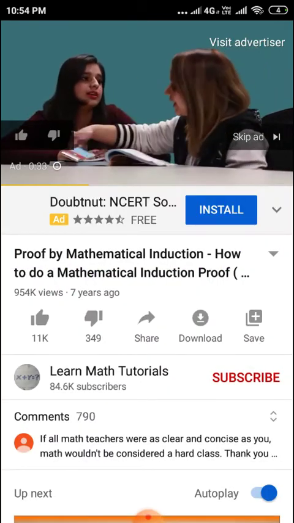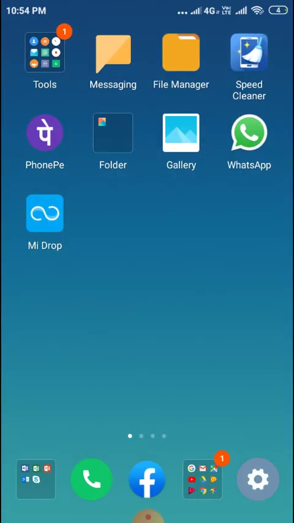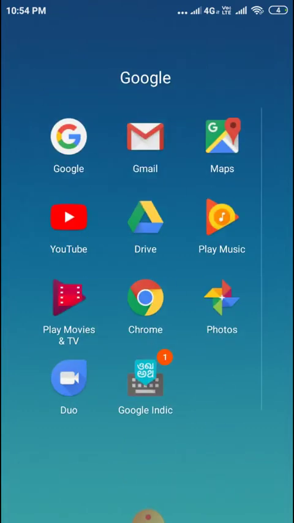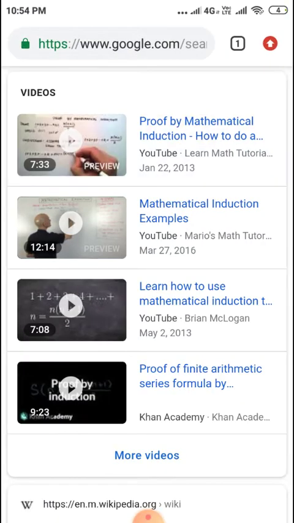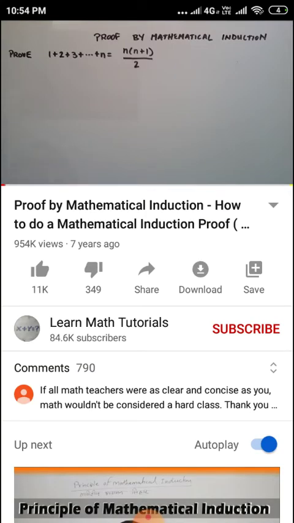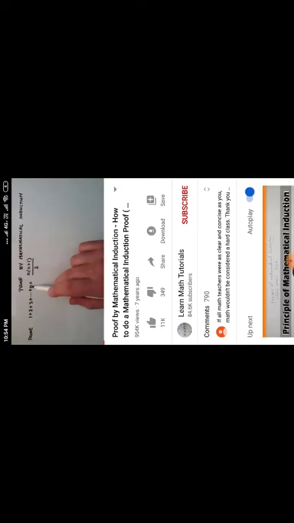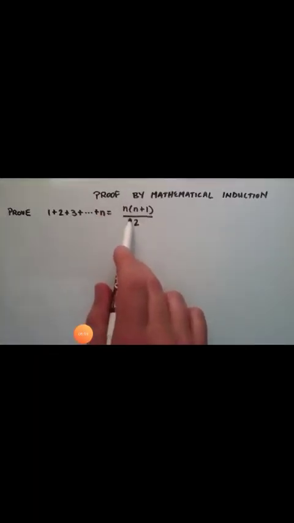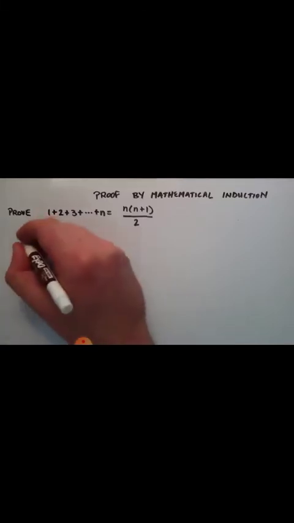Suppose we have a problem of the mathematical induction method given in such a manner: prove that 1 plus 2 plus 3 dot dot n is equal to n(n plus 1) upon 2. This is the sum of all natural numbers.